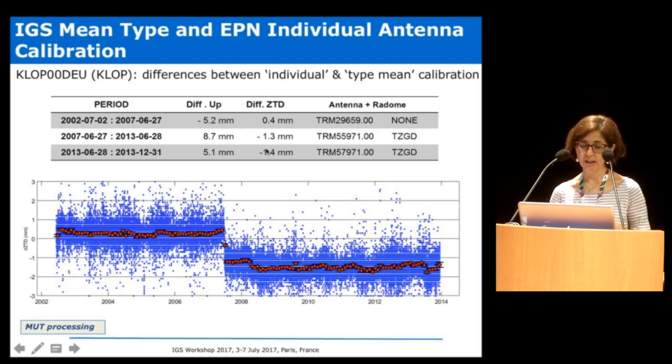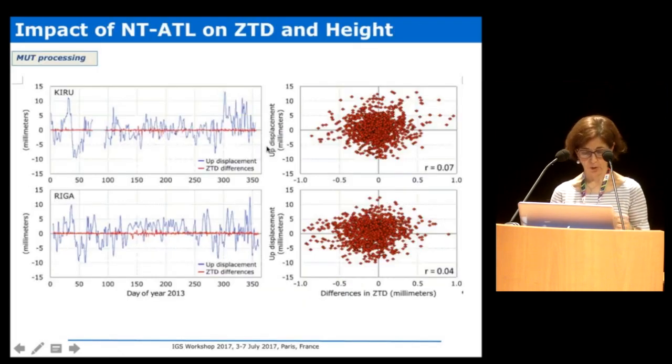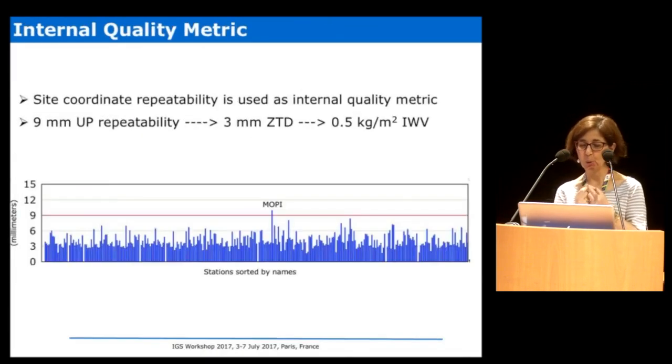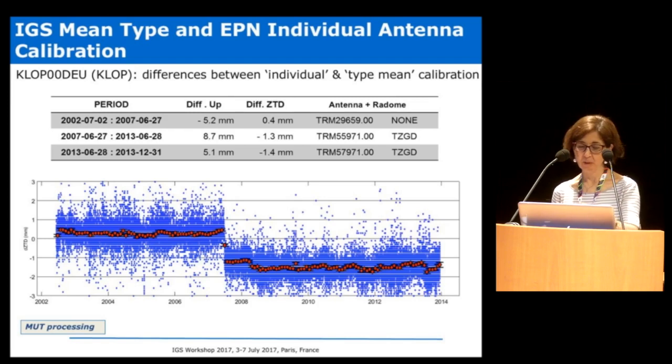But this jump in the ZTD is too small. It's less than 1 millimeter in most cases, and it is minus 1.4 millimeters here, and for all the stations that we have looked at, these jumps are in the range of 2 millimeters.